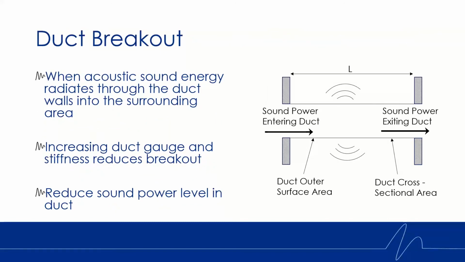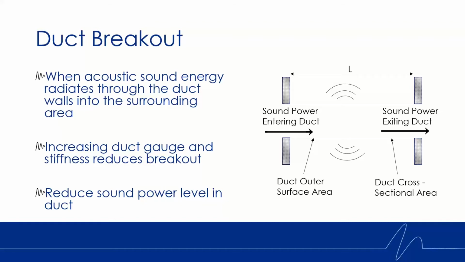So I'll take this opportunity to talk about duct breakout for just a second. As I explained before, duct breakout is when there's too much sound energy in the duct and it ends up breaking out of the ductwork. Now, if this is over top of an occupied space, that could be a concern. It could affect the overall noise levels.